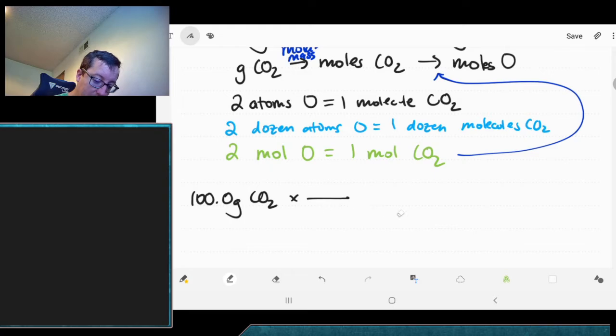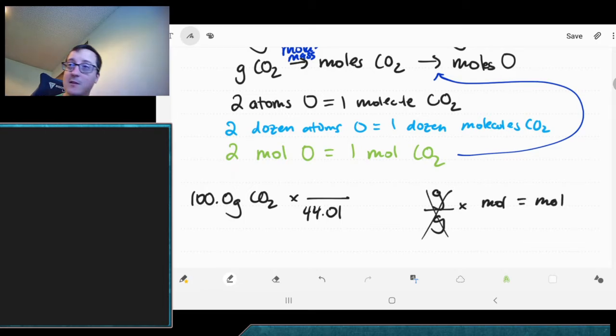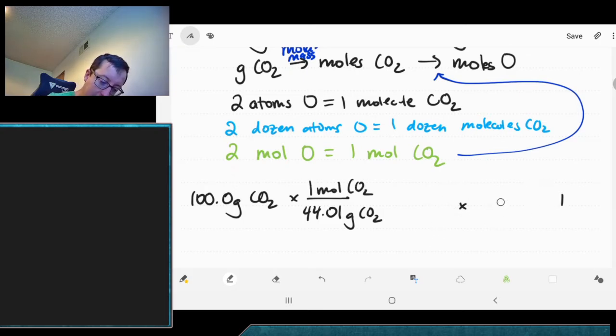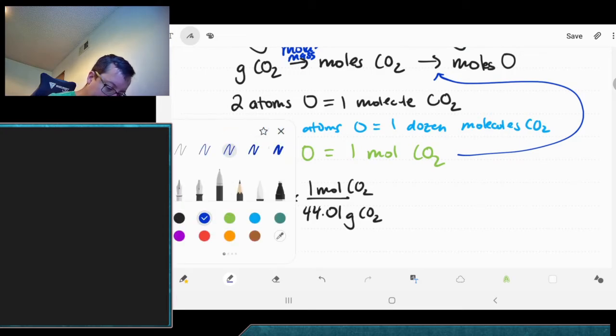So indeed, we're going to put the grams on the bottom because grams over grams times moles is just moles, right? Grams over grams is 1. So we're going to put grams on the bottom so that they cancel out. And then we have 1 mole CO2. Again here, this is our molar mass.